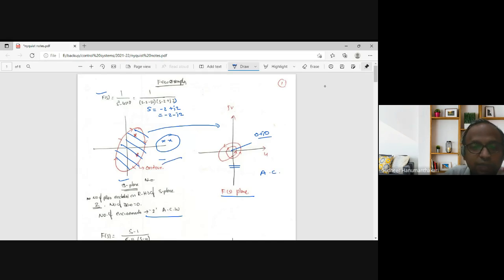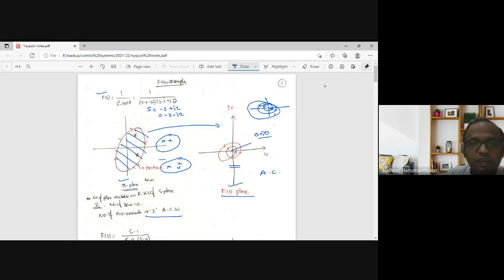If my contour encloses three poles, then how many times is it going to encircle the origin? Three times, all in the anti-clockwise direction. So the number of anti-clockwise encirclements in the f of s plane is equal to the number of poles enclosed in the s plane.